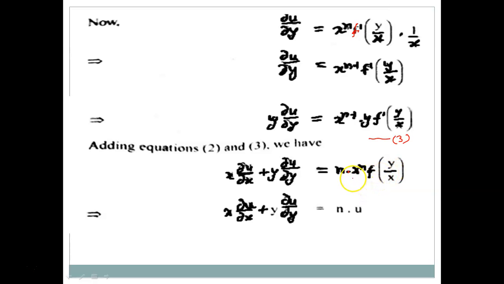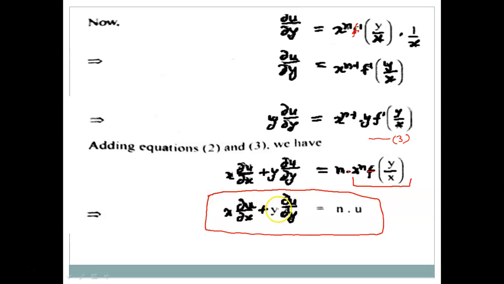But you know from equation 1 that x raised to power n into f of y by x is in fact equal to u. So we have obtained that x into del u by del x plus y into del u over del y is equal to n into u. So this proves the Euler's theorem.